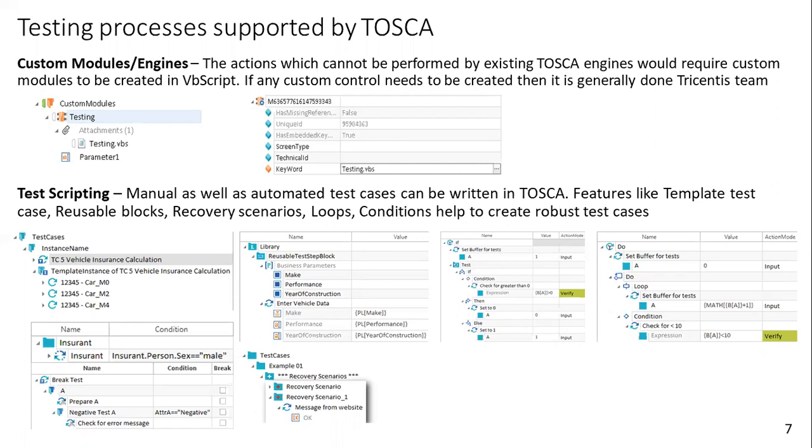In those cases, you want to recover your test steps, or you want to do a cleanup. Cleanup in the sense that, let's say your test case got stuck in the account screen, but the next test case always starts from the login screen. Then you have to close the browser, and only then the new test case will start freshly. For those types of scenarios, we need to use recovery scenarios.